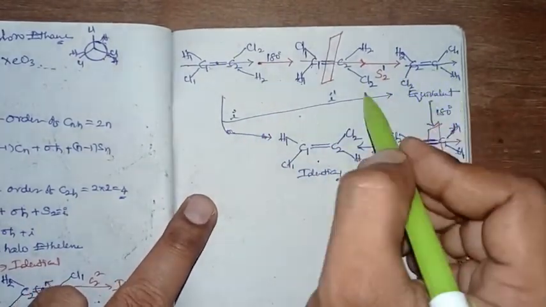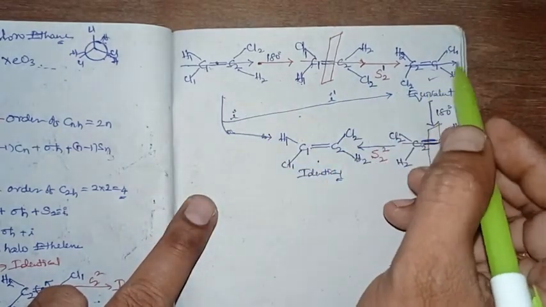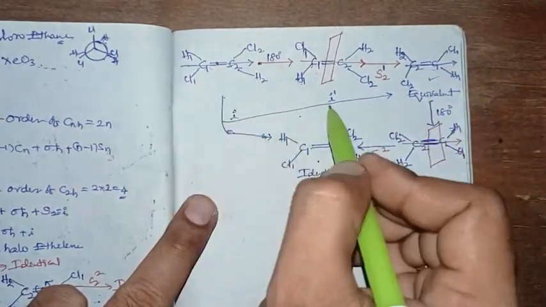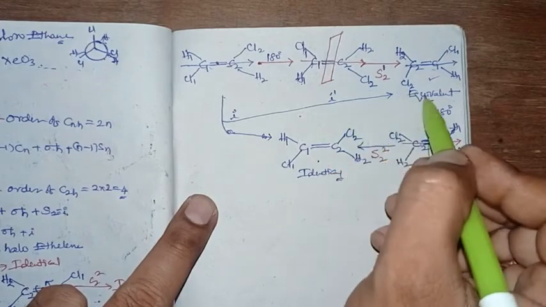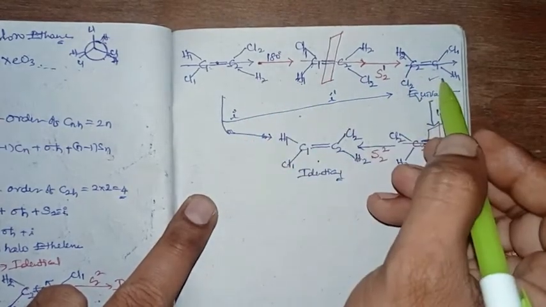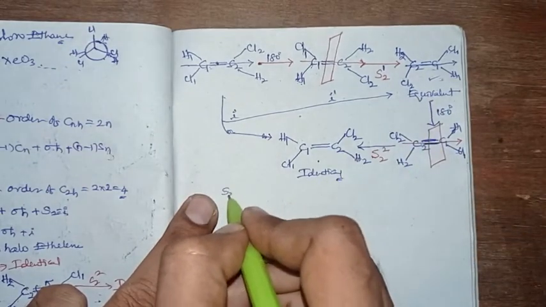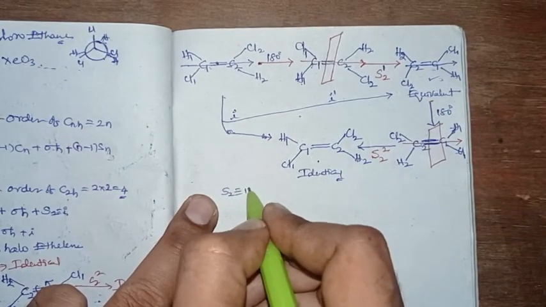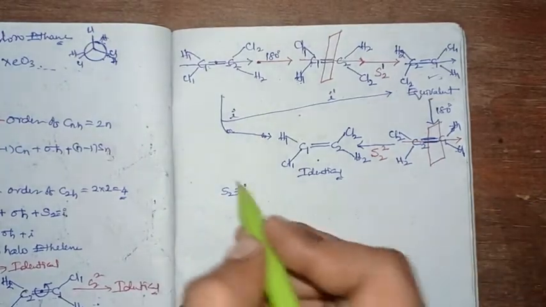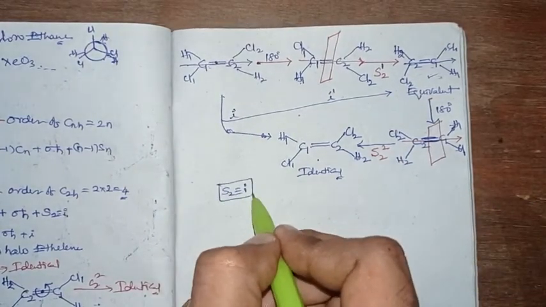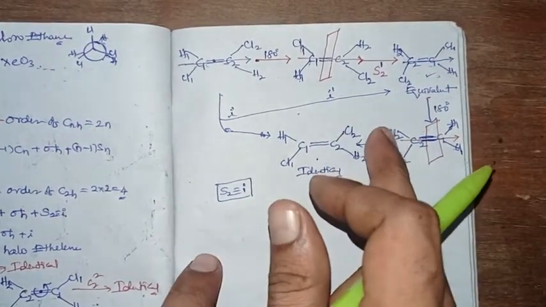So altogether, S2 is generating an equivalent configuration, and the inversion center is generating an equivalent configuration; they are one and the same. So S2 will be equivalent to the inversion center, right?